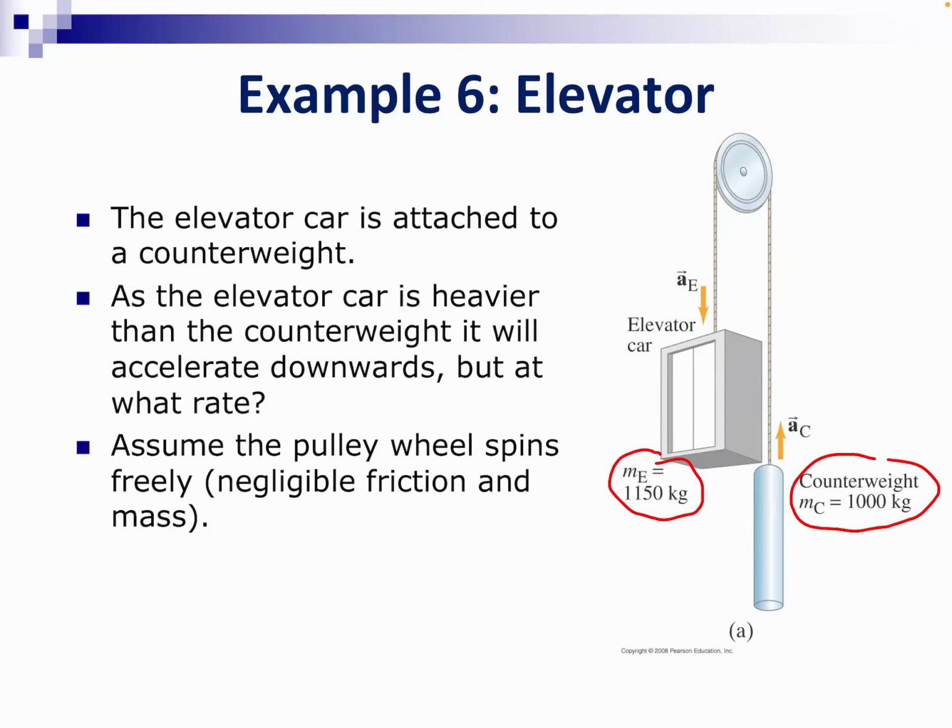So naturally, the car will fall down. And since they are connected by the same rope, the falling elevator car will pull the counterweight upwards. And so you have these directions of acceleration indicated in the diagram. So calculate the acceleration of the elevator car and counterweight.